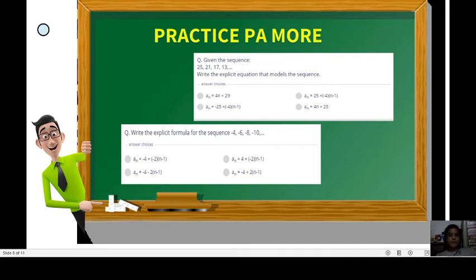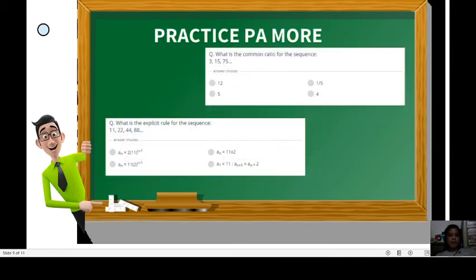Next, for the third, what is the common ratio for the sequence 3, 15, 75? Fourth question, what is the explicit rule for the sequence 11, 22, 44, 88?